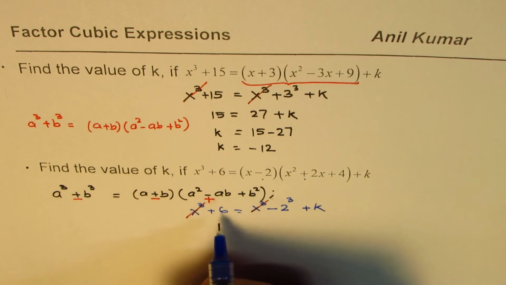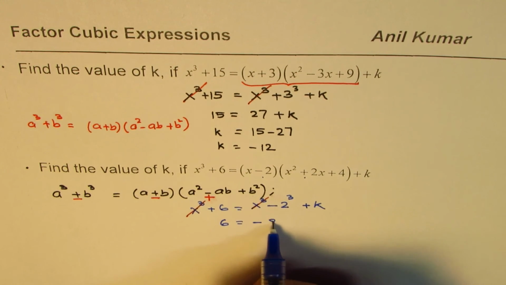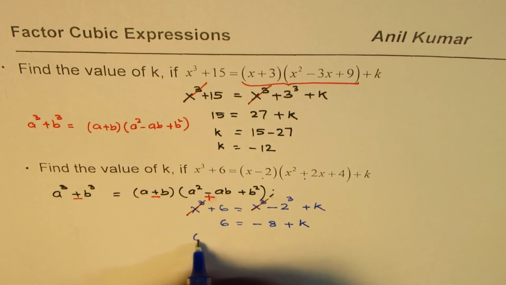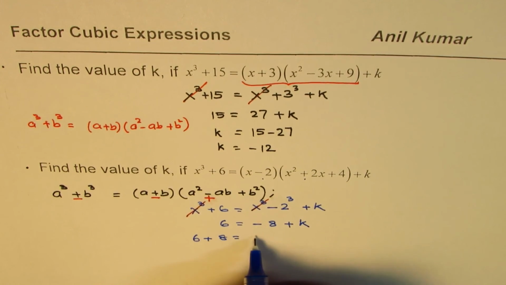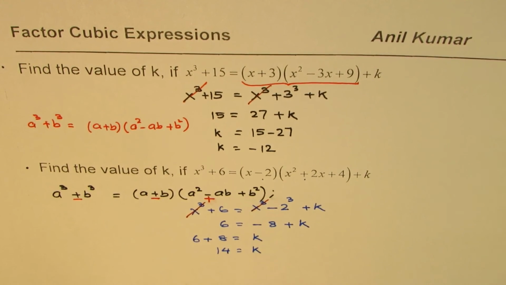So 2 cubed is 8, so we write minus 8 plus k. Bringing 8 to this side gives us 6 plus 8 equals k, and that is 14. So k equals 14. That is how you could solve it.